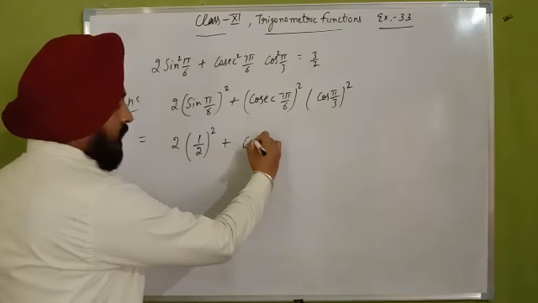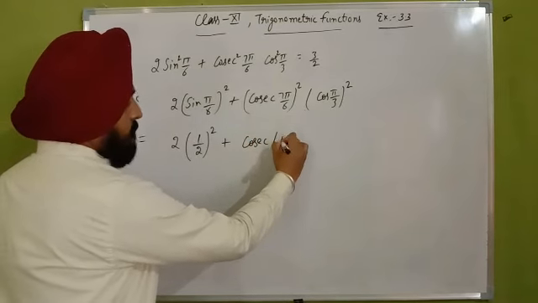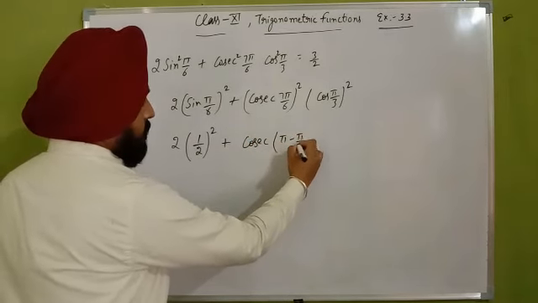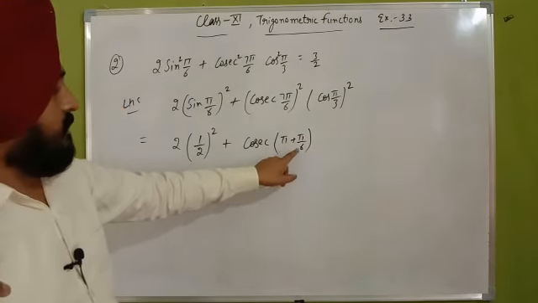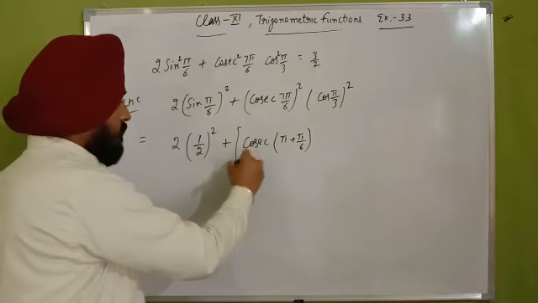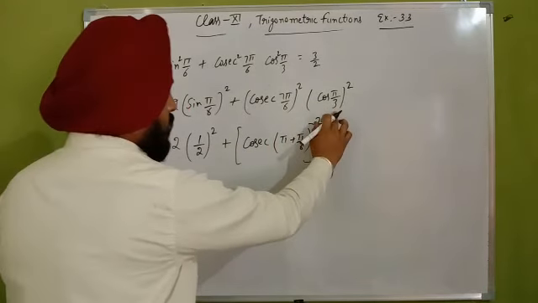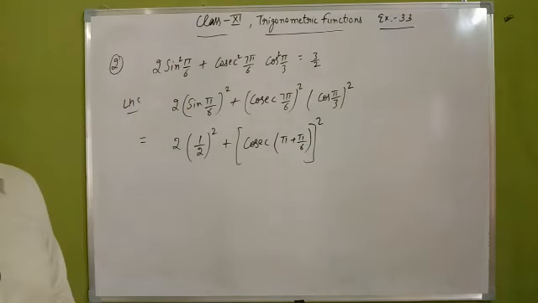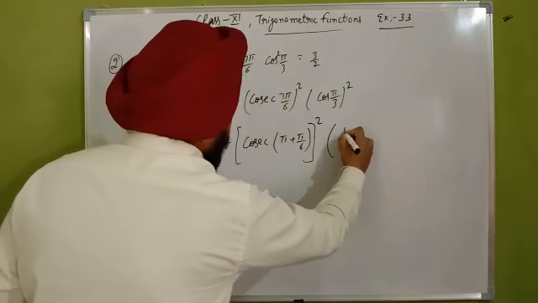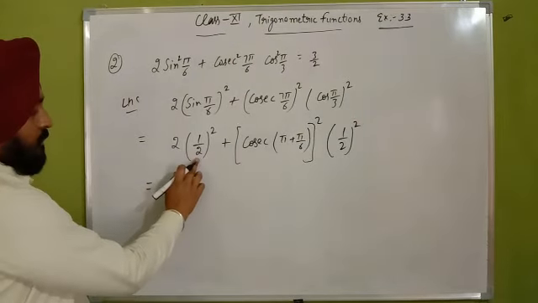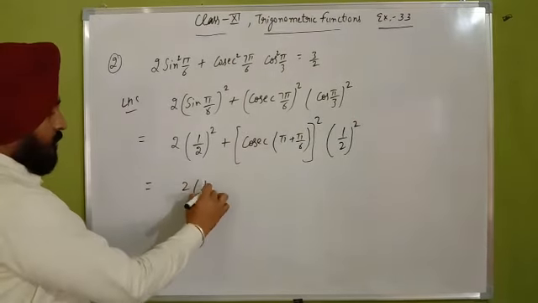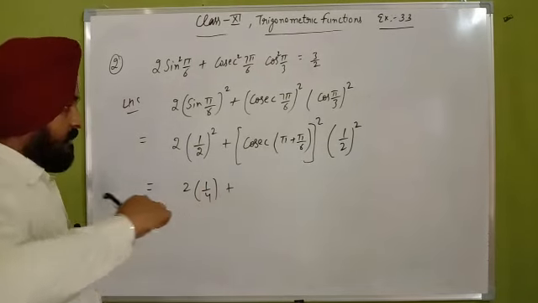So we can write cosecant pi plus pi by 6, so pi plus pi by 6 gives you 7 pi by 6 and it's a whole square as it is. What is the cos pi by 3? Cos pi by 3 means cos 60 degree. Cos 60 degree value is equal to half into half whole square. Clear? Equals 1 over 2 square gives you 1 over 4.